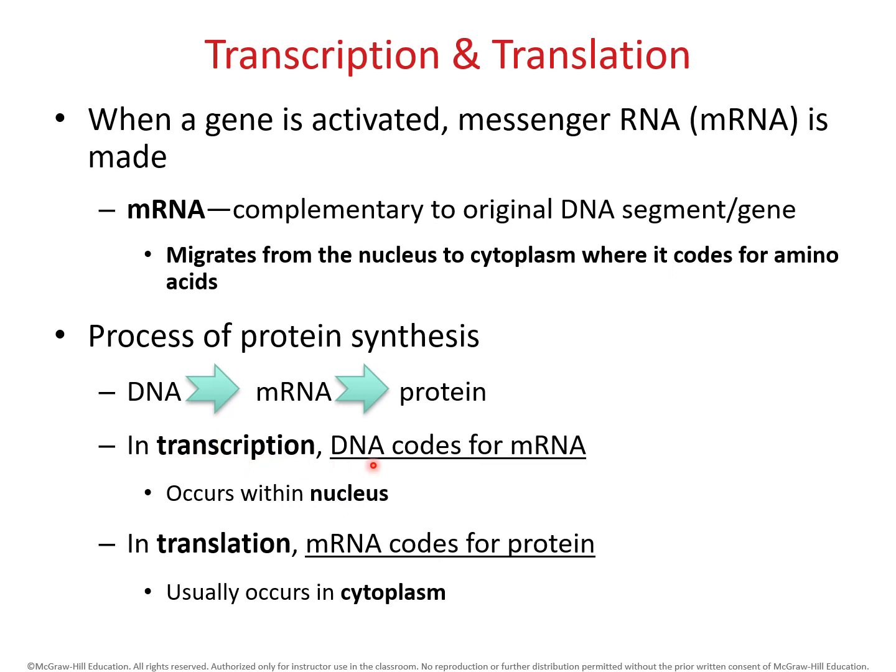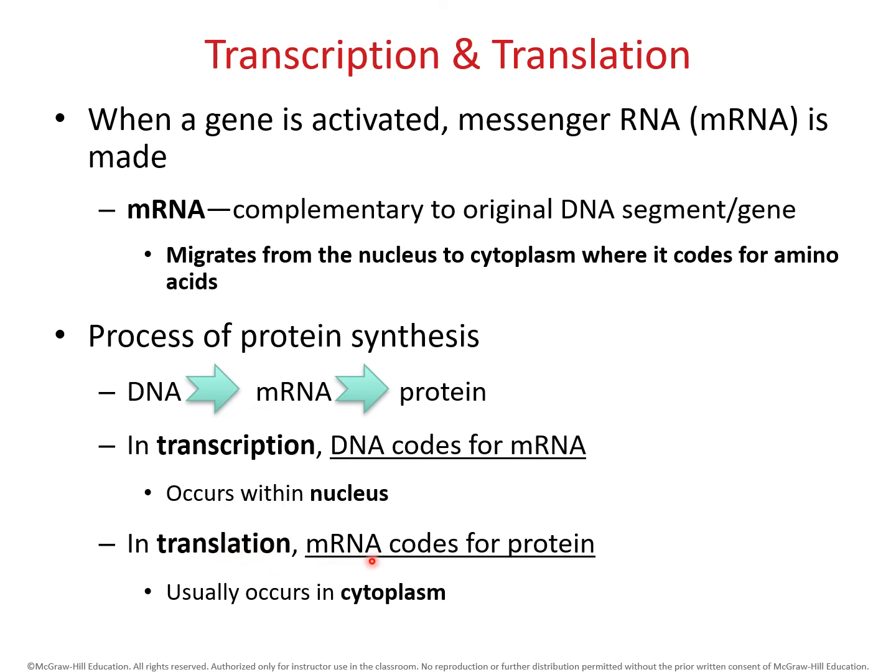So transcription, DNA is going to code for mRNA. In other words, mRNA is transcribing or copying DNA in the nucleus. Then mRNA, once it's fully made, will leave the nucleus, go to the cytoplasm, and that's really where this arrow is, translation. Translate, just what it sounds like.